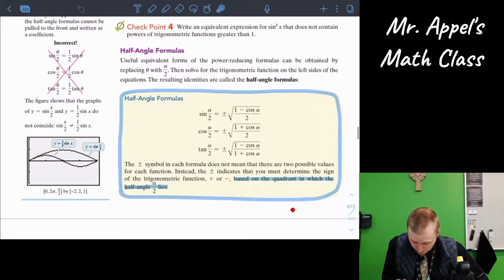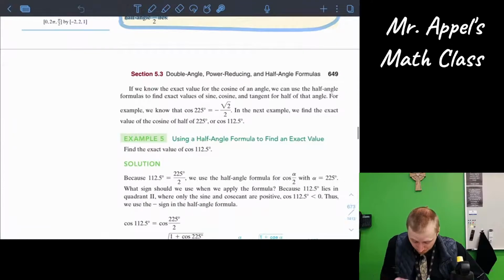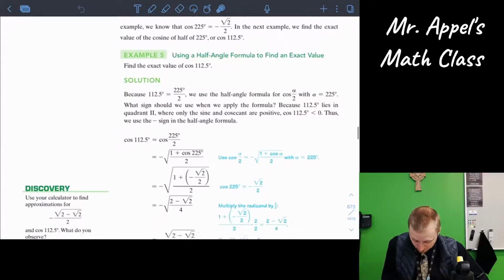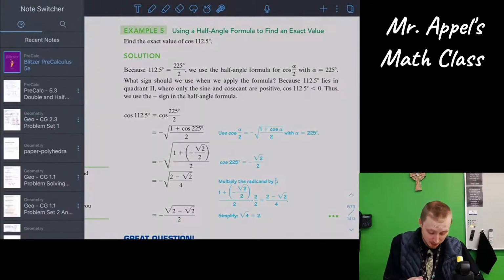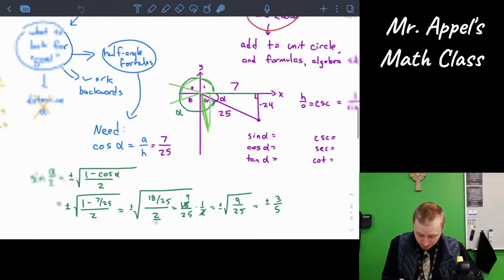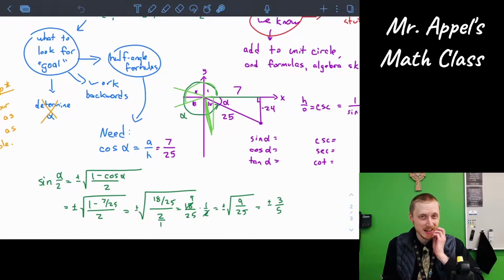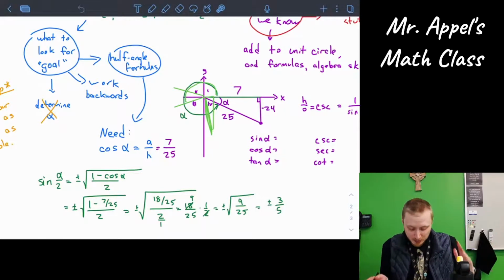We might have to actually figure out the number. Isn't that going to make a difference? It only makes a difference if it makes a difference. Where is sine positive and negative? Maybe we can cheat. Maybe it's always going to be positive, no matter where it lands, quadrant 2 or 3.